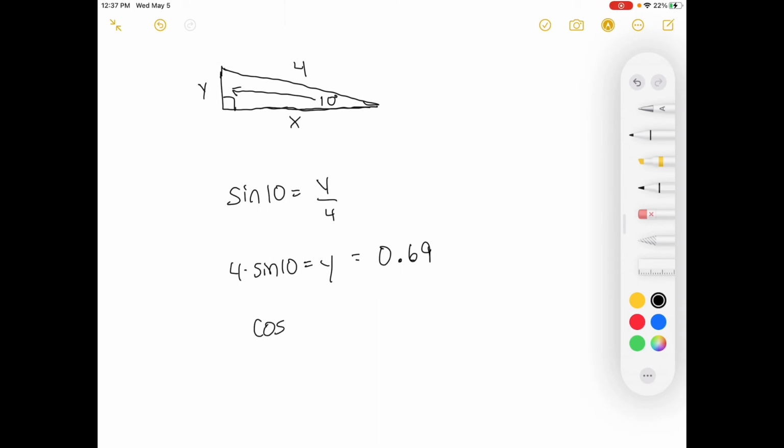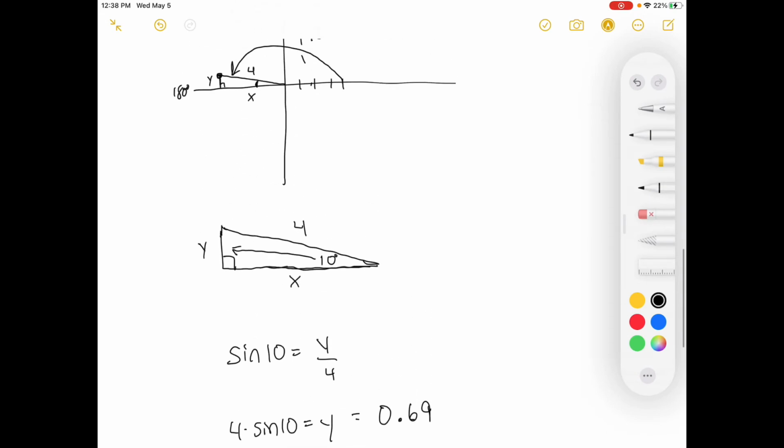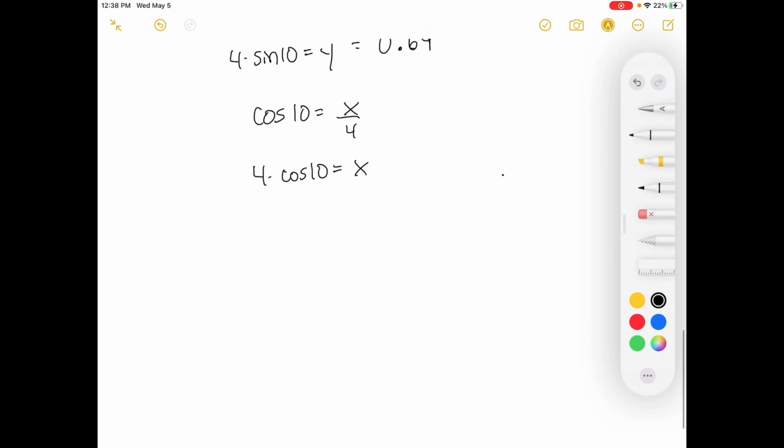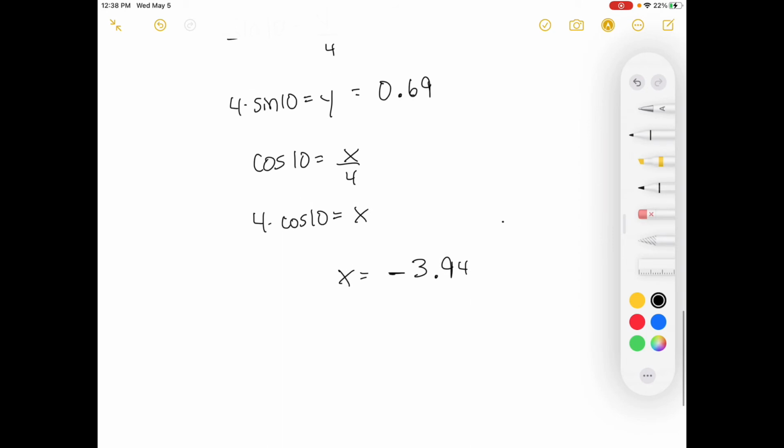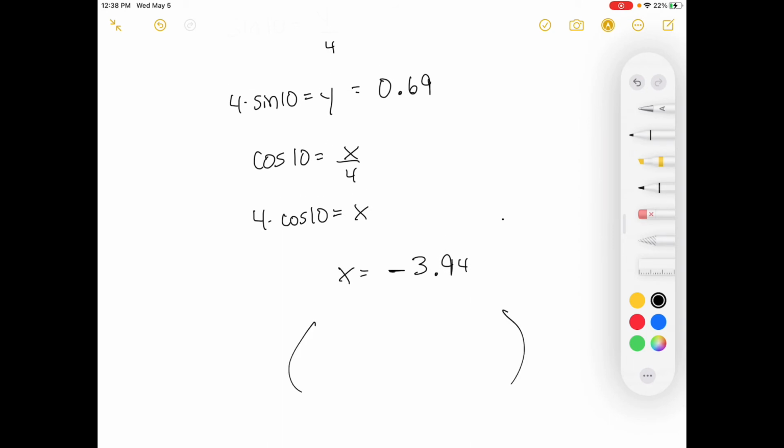Cosine 10 equals x over 4, adjacent over hypotenuse. So 4 times cosine 10 equals my x. Remember, your x is negative here because we're in the second quadrant. So my x is negative 3.94. And so my xy coordinate is negative 3.94, 0.69.